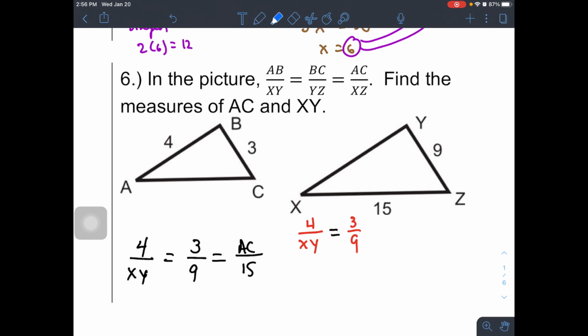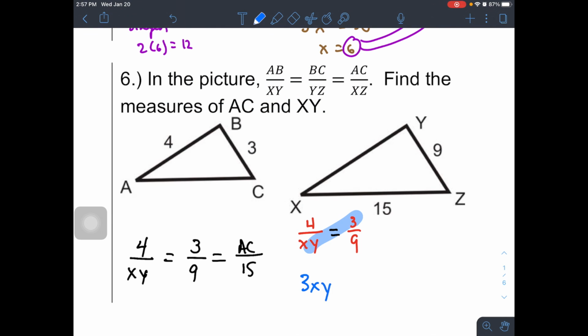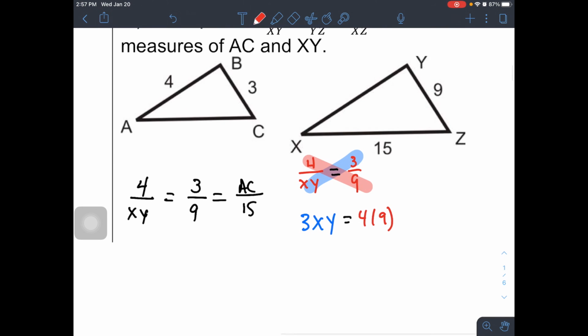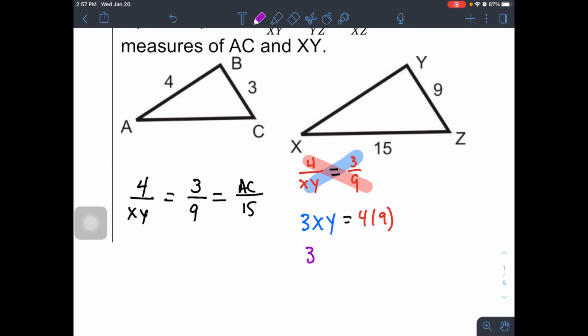And we've just followed that cross multiplication process all over again. So I'm going to get 3 times XY, 4 times the 9, and then solve this equation for XY here. So 3XY equals 36. XY turns out to be 12.